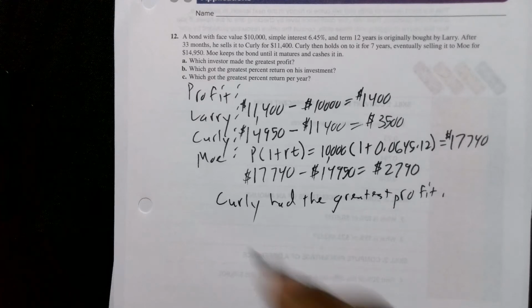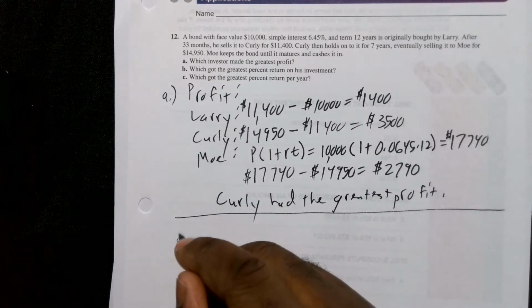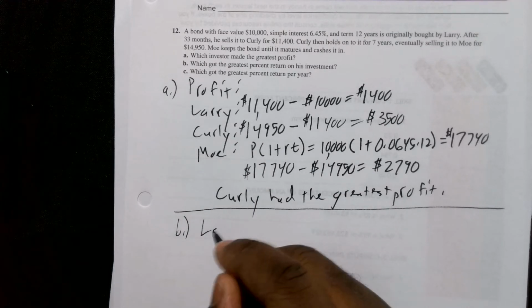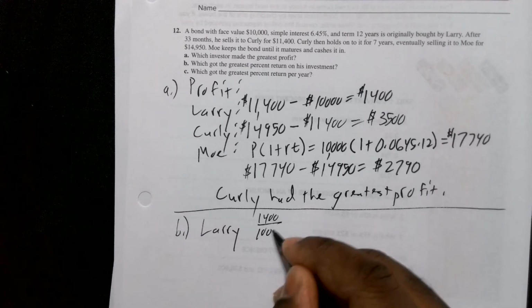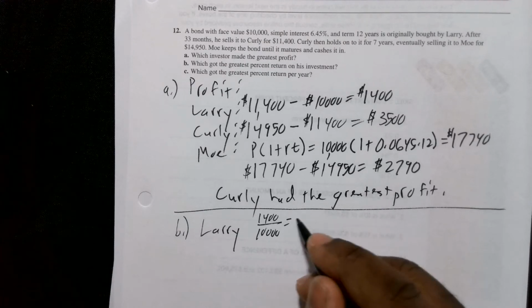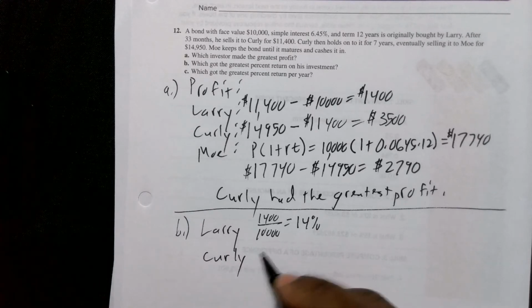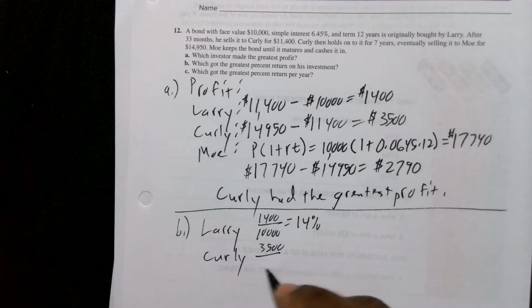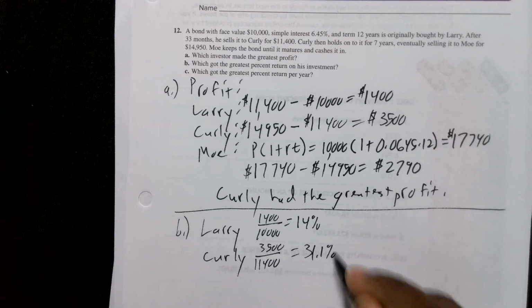All right, so now we took care of profit, which was A. Now we want to do B. Now B asks us which got the greatest percent return on his investment. So we'll start off with Larry. Larry made $1,400 off a $10,000 investment, which gave him 14%. Curly made a profit of $3,500 off of his $11,400 investment, which gave him 31.1%.